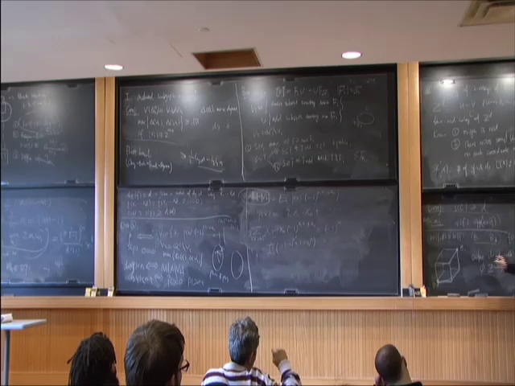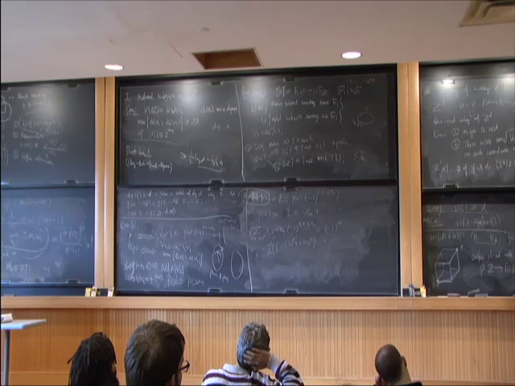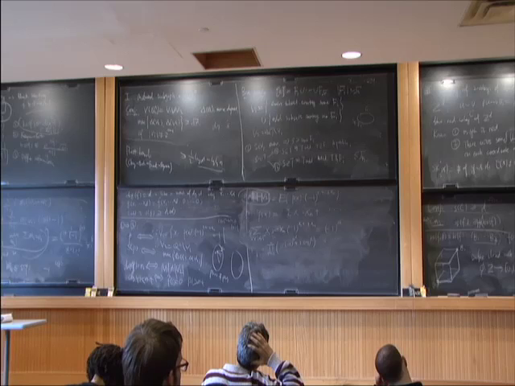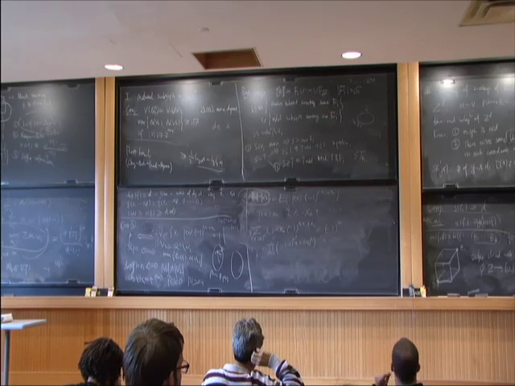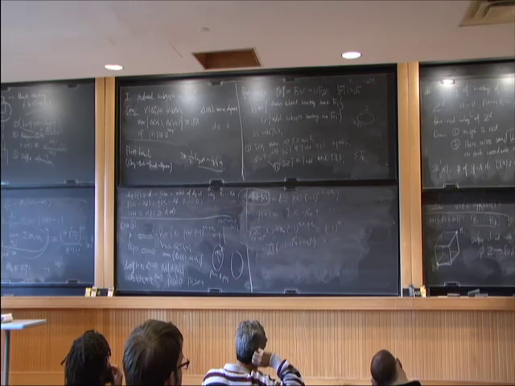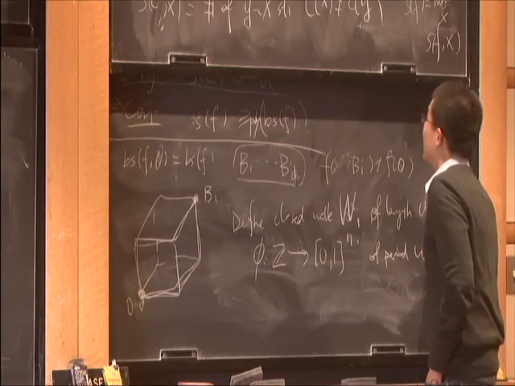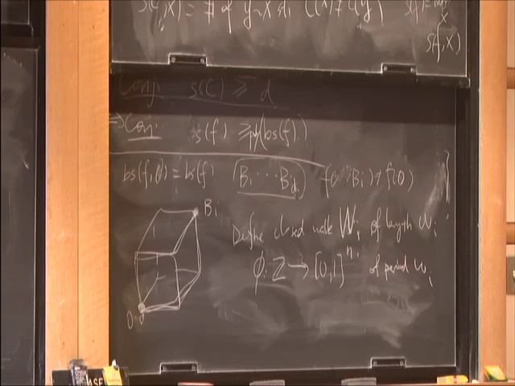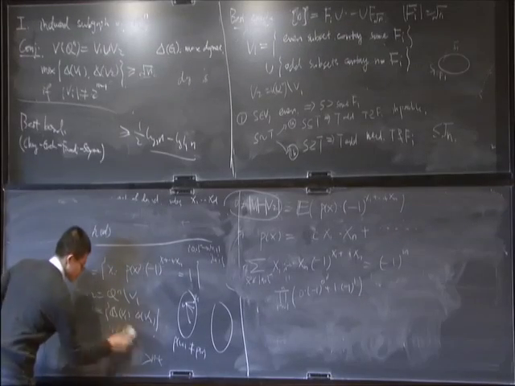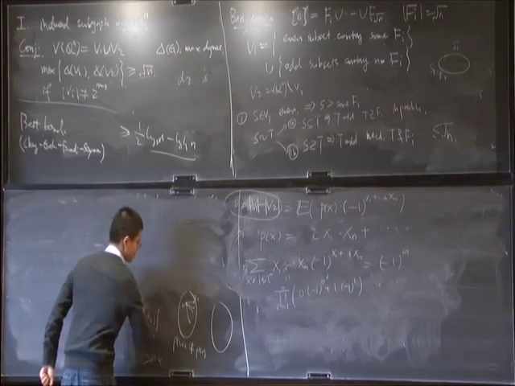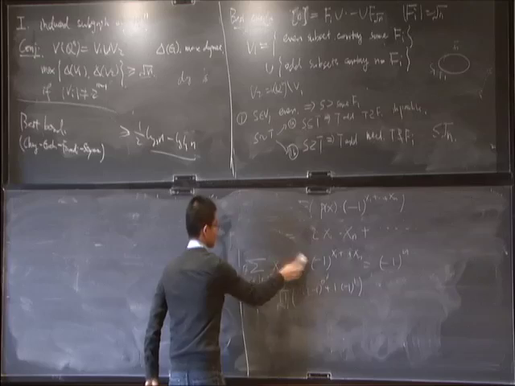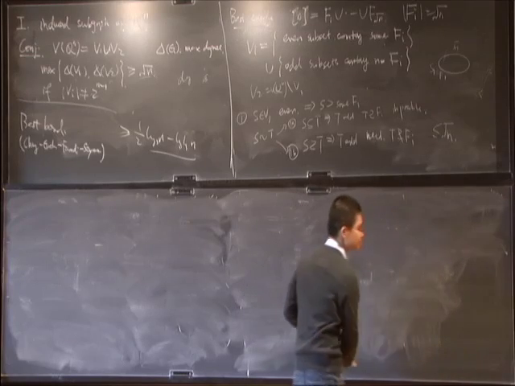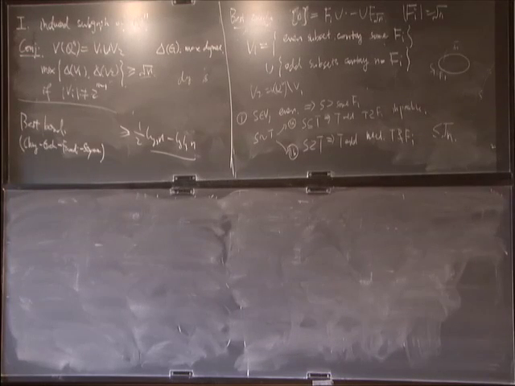So it's from Z to {0,1}^n, of period w_i. We call it maybe phi.